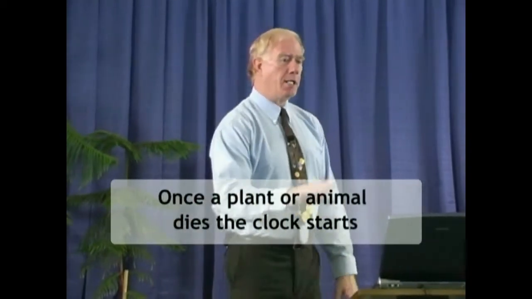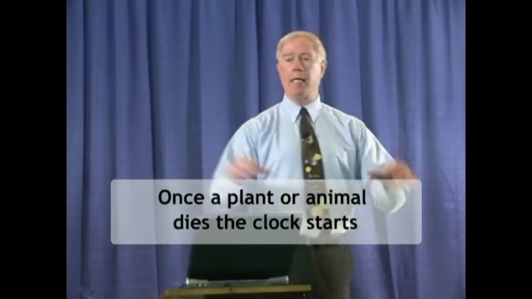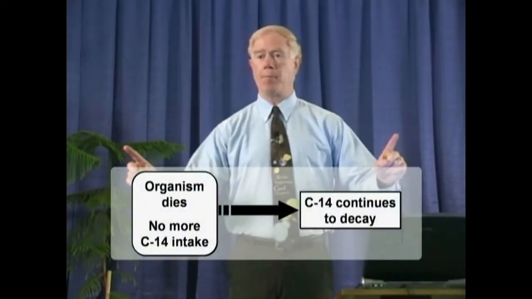When we talk about carbon-14 dating, we have to have a starting point. What's our starting point in this clock? Well, it starts when an animal dies. See, when a creature is living, it's eating and breathing, taking in carbon-14. But once that creature dies, it is no longer taking in carbon-14. At that point, what is happening?